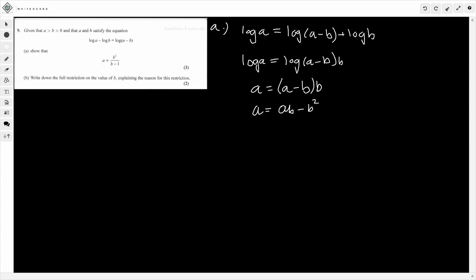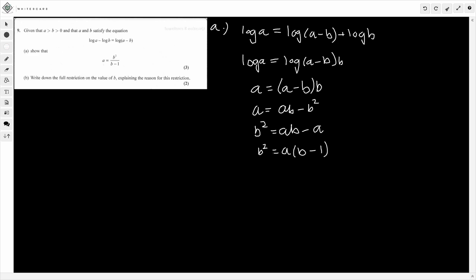So first thing I'm going to do is I'm going to take this b squared across to this side and take this a across to this side. So b squared is going to be equal to ab minus a, like so. And then let's have a look at factorising. So b squared is equal to a times b minus 1.